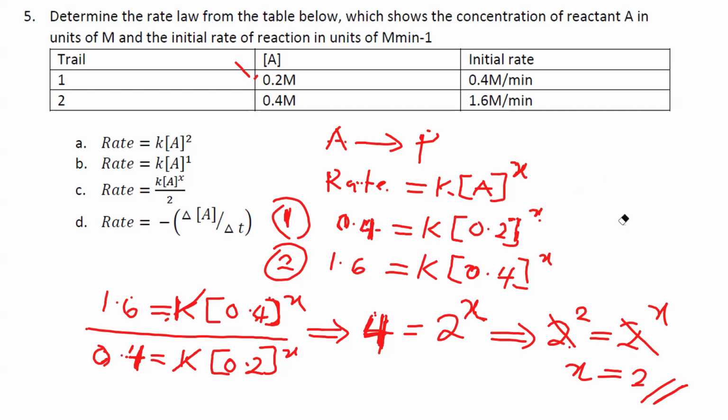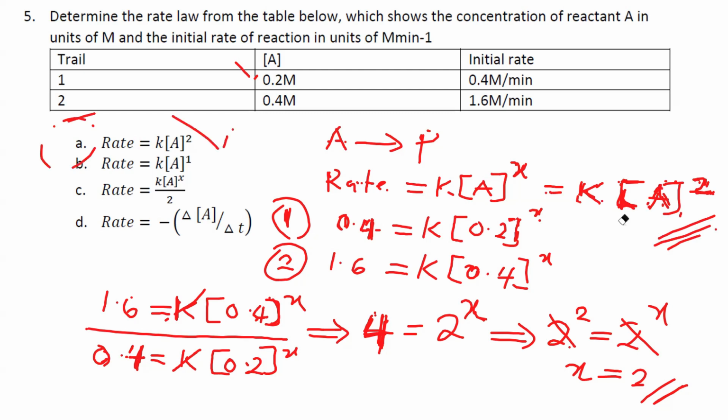So it becomes k into the concentration of A in brackets, and the x is 2. So what is the answer here? We have to look at the option that suits our answer. So the answer here is A.